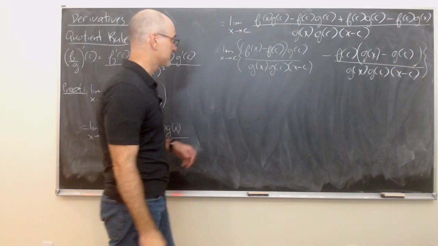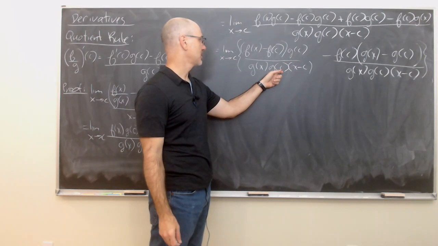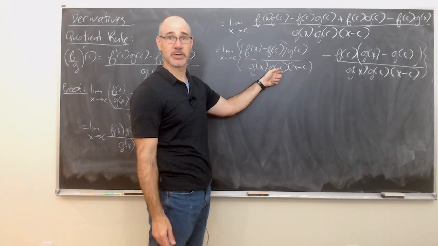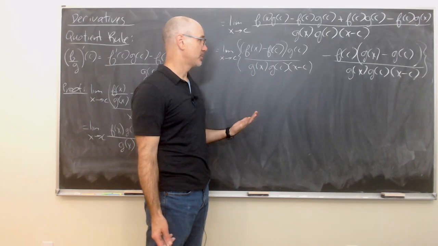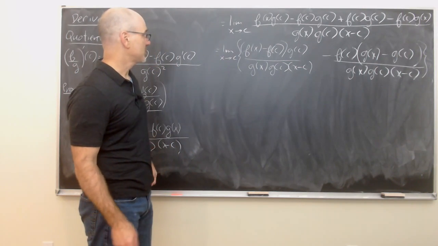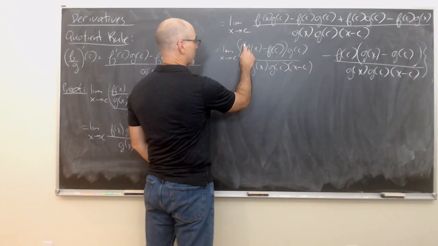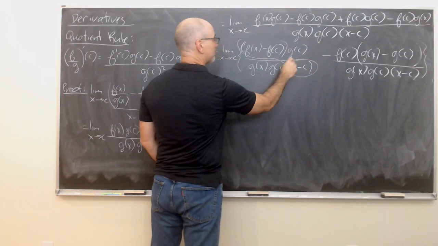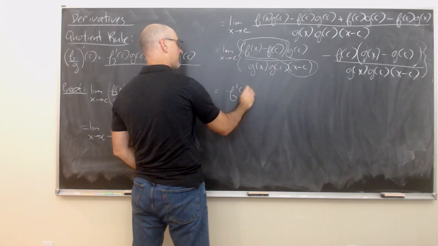Now it's really tempting to cancel this g of c here, but actually we don't want to do that this time. We want that g of c squared to appear in the denominator, and if we cancel it now, we'll just have to put it back later, finding a common denominator. So leave the g of c, and now we're just going to go ahead and take all the limits. So this piece here is my f prime of c.